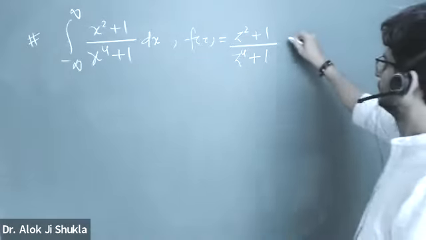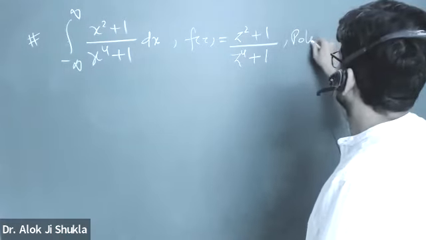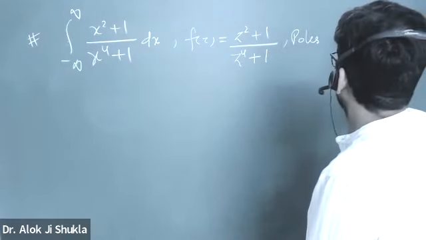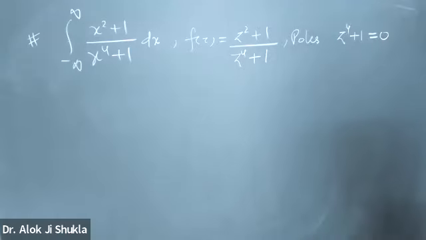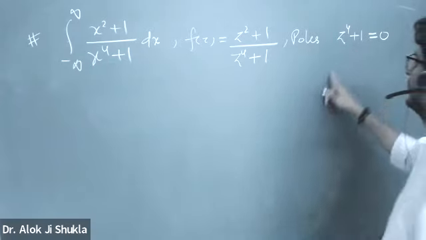For poles, z to the power 4 plus 1 is equal to 0. We have already done this.